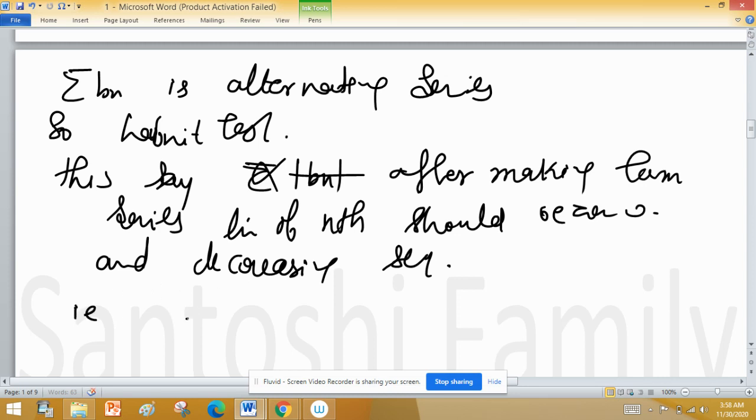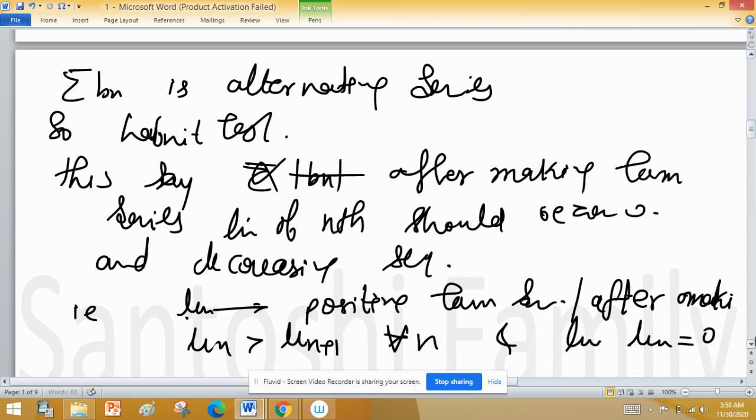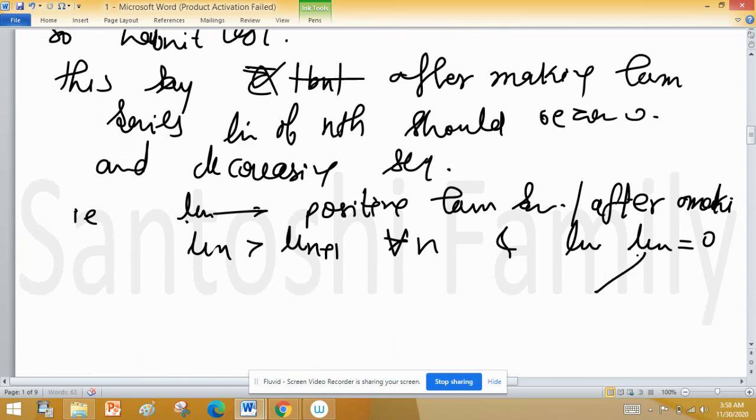That is, if un is a positive term series, then un is always greater than un plus 1 for all n, and the limit of un should be equal to 0. This is the necessary condition for the series.